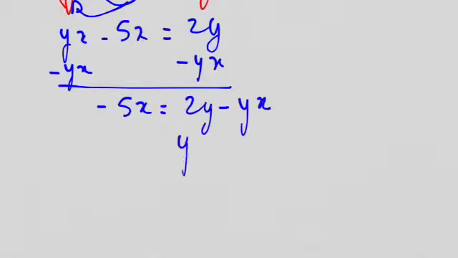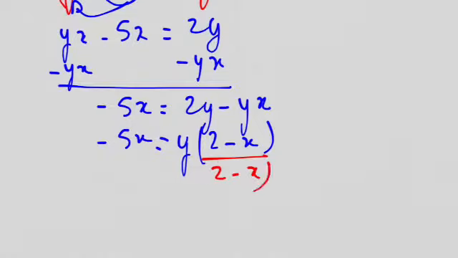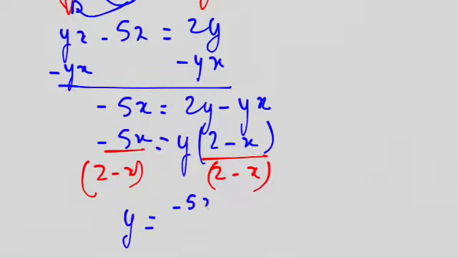I factorize y, so y times 2 minus x equals negative 5x, and then I just need to divide by 2 minus x. So I end up with the expression y equals negative 5x over 2 minus x.